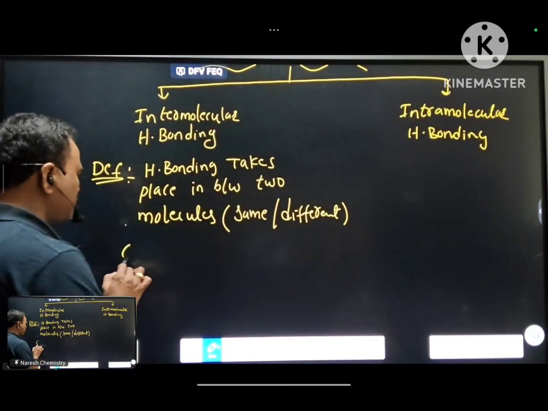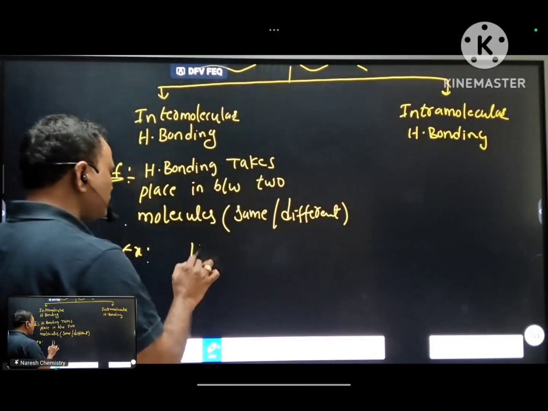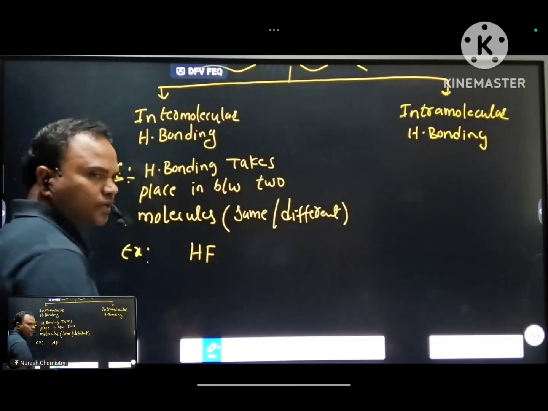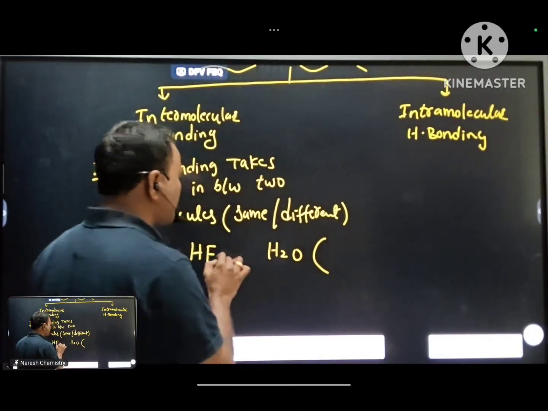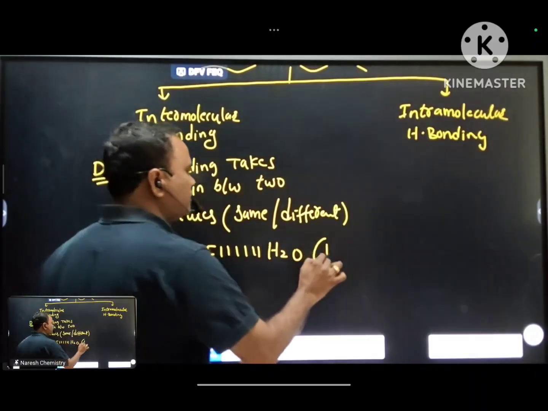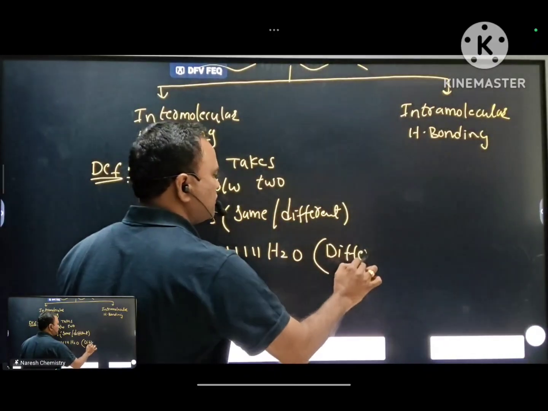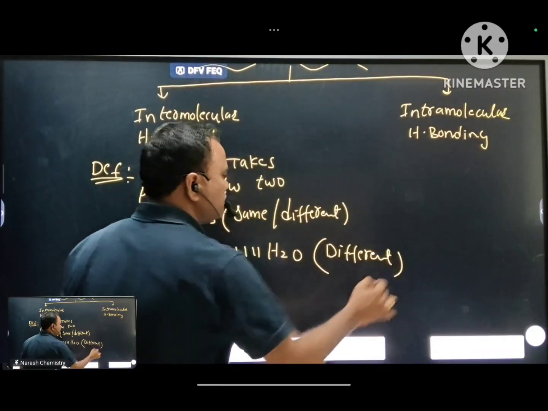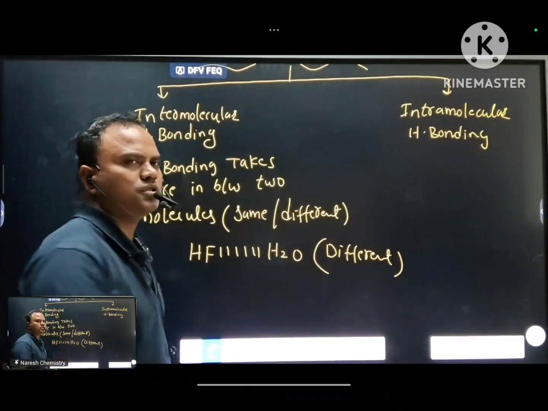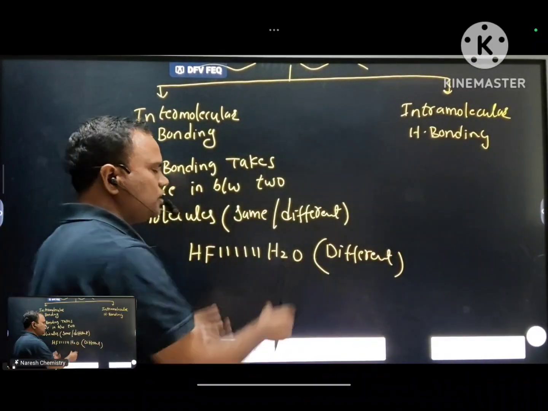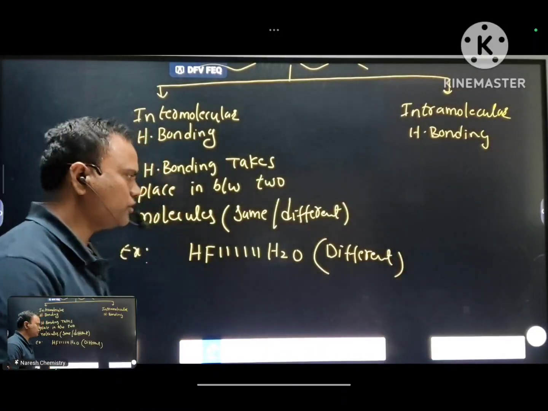Look at one example: HF and H2O. Are the molecules the same or different? Different. This is one molecule, this is one molecule: two molecules, like intermediate being 2 years. So it is intermolecular hydrogen bonding.